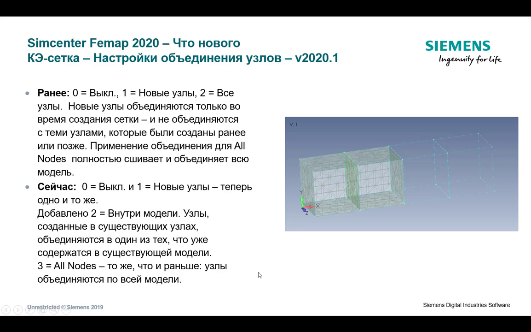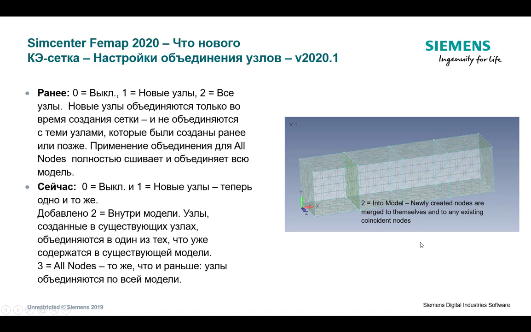If you have these two solids already meshed, and then you mesh these two solids with this option set to 0 off, then no nodes are merged. If you use 1, then only the nodes on the newly created nodes are merged.